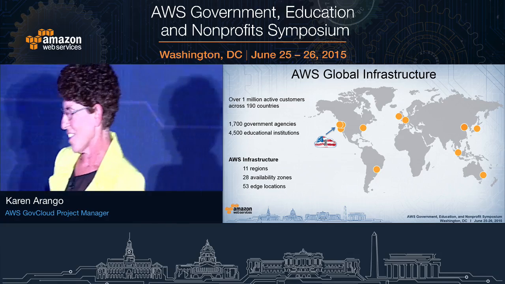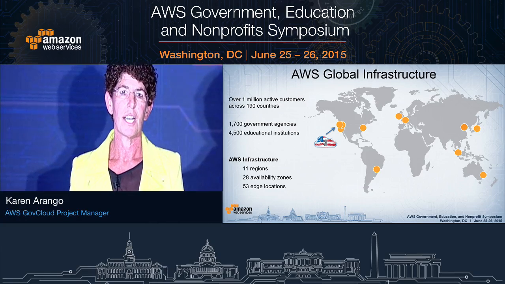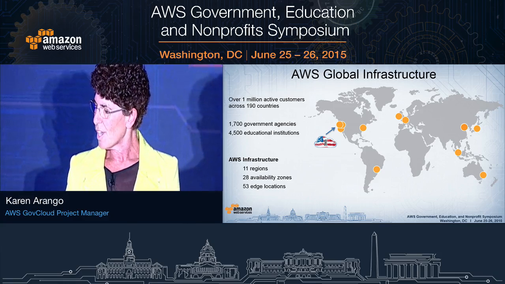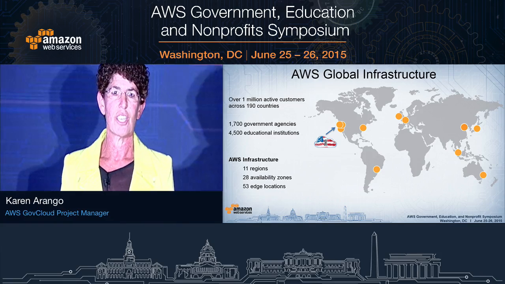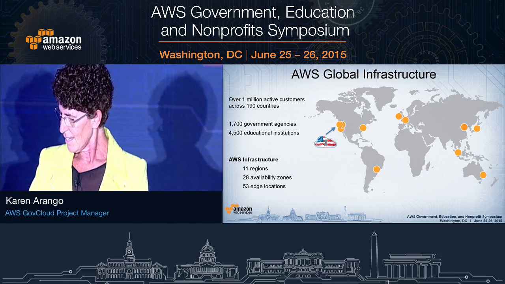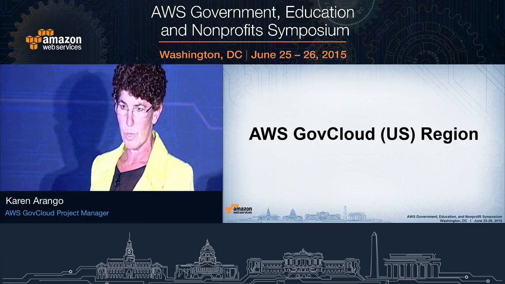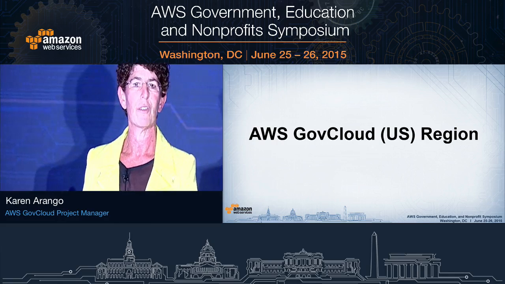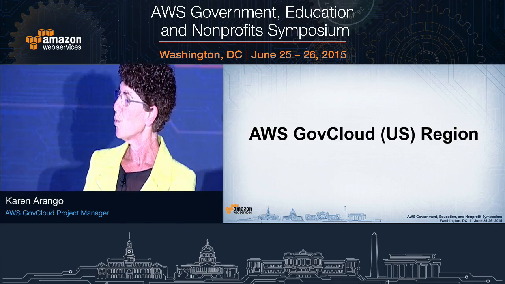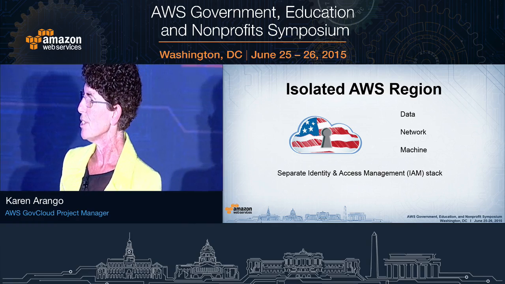And we have thousands of government agencies and educational institutions using the AWS cloud today. We're here to talk about the GovCloud region, what it's about, give you a sense of who has access, and the uniqueness of the GovCloud region.